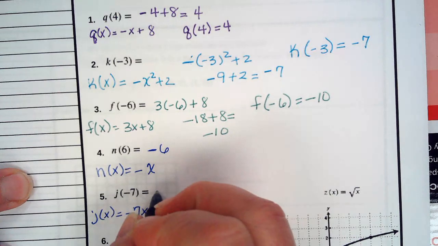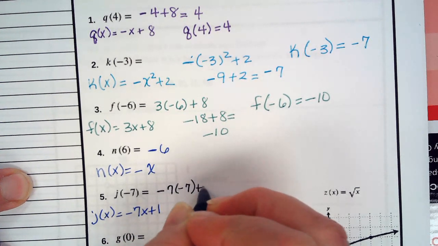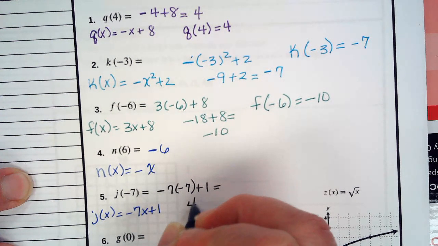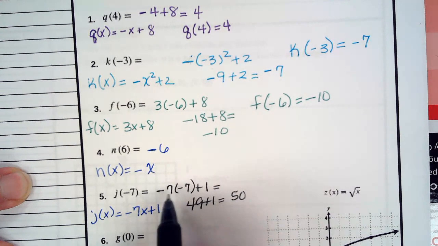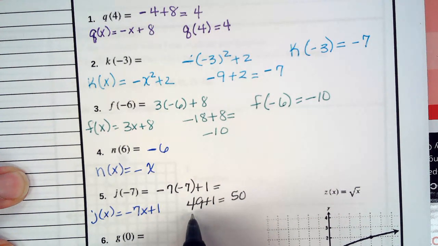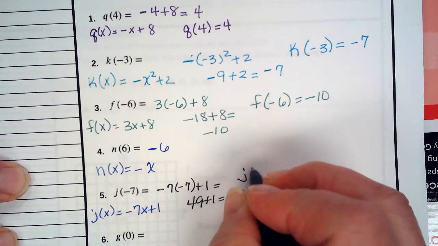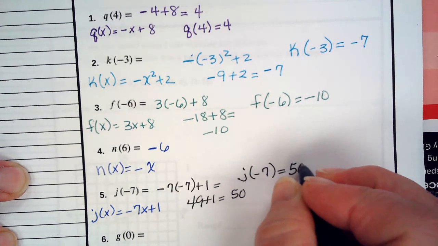Negative 7. Negative 7 times negative 7 plus 1 is 49 plus 1, which is 50. Negative times negative is a positive. 7 times 7 is 49. So j, when I put negative 7 in for x, I end up with the number 50.